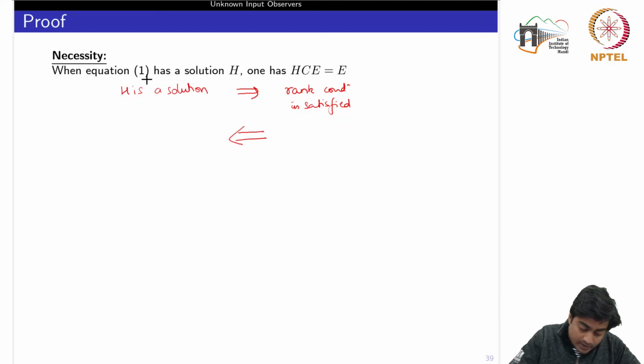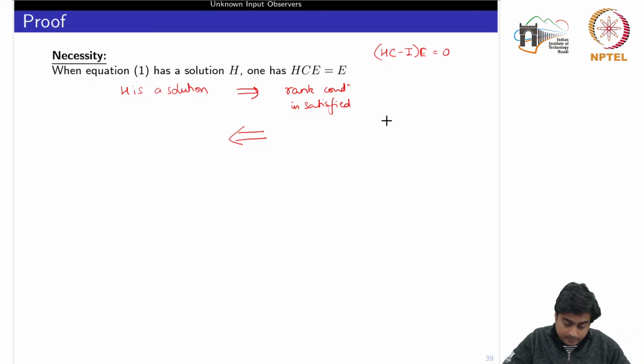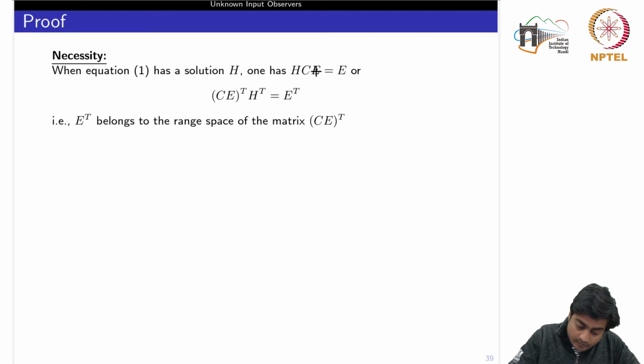When equation 1 has a solution H, I can write HCE equal to E, because we have HC minus I times E equal to 0. Now I can also write this, by taking the transpose on both sides, as CE transpose H transpose equal to E transpose.